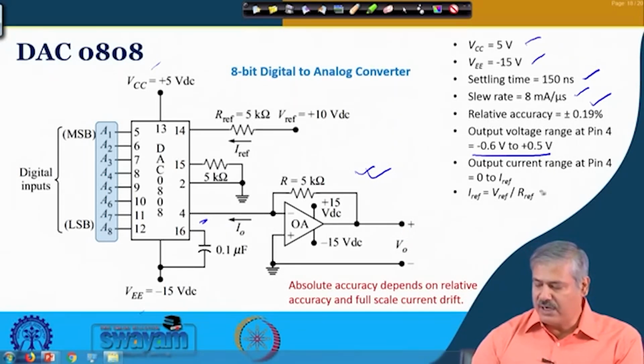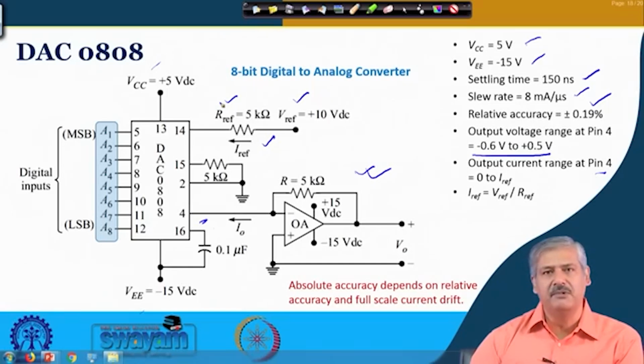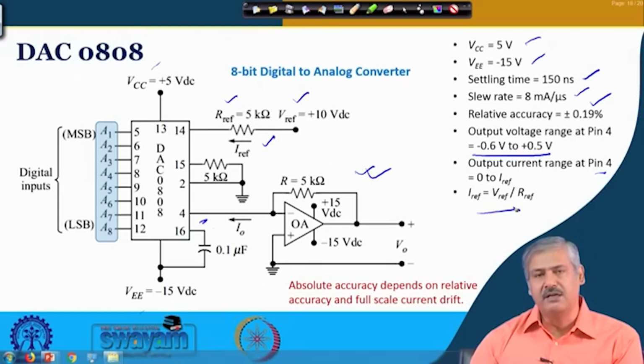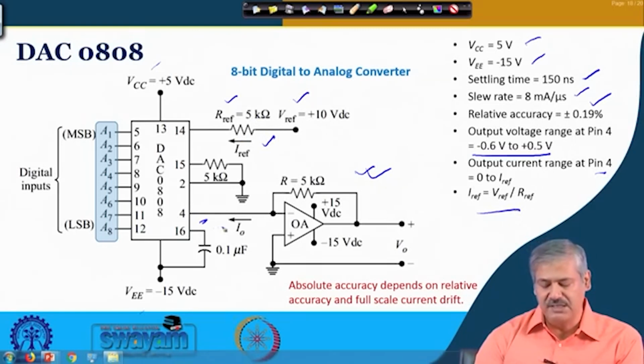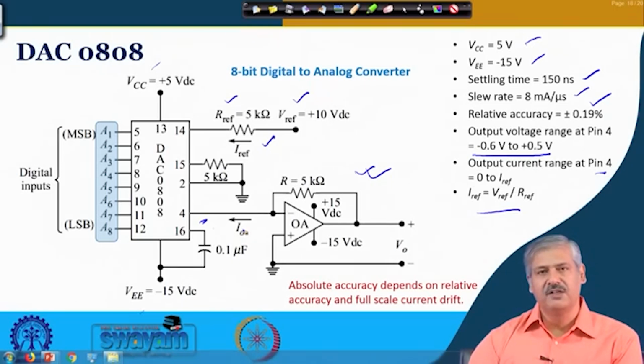So, it is the output current at pin 4 which is of importance to us, which makes more sense, which is 0 to I reference. So, I reference is coming from here. This is V reference and this is R reference. If you divide them, this is connected from outside, then you get I reference. So, the current change is from 0 to I reference based on the digital inputs, and this I reference will come through this resistance, and accordingly the output voltage will be generated.